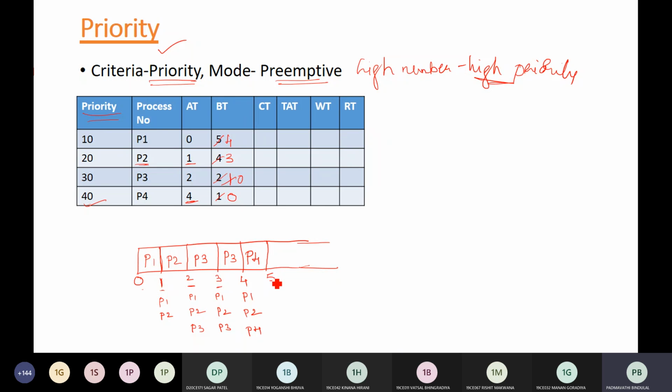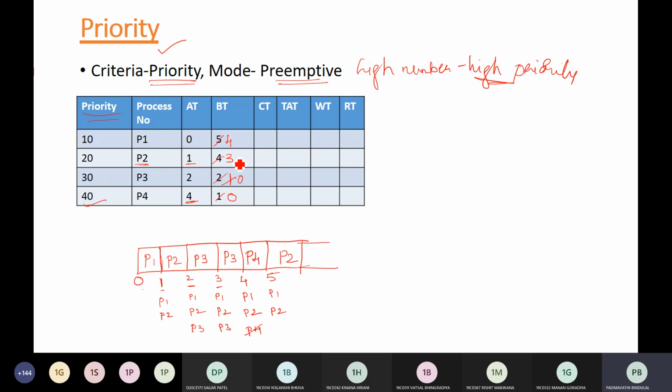Now you are in the 5th instant, you have P1 and P2 in your ready queue. P4 is already executed, so you are removing it from the queue. Between P1 and P2, the P2 process is having high priority, and no other process has arrived in the 5th instant, so you can go with P2.